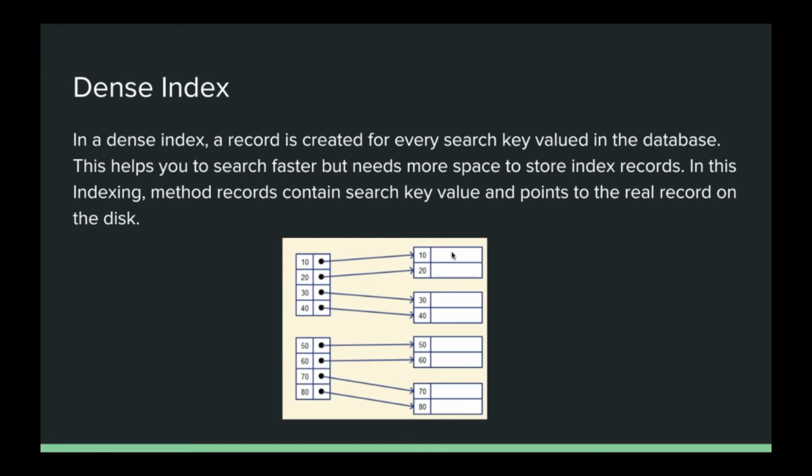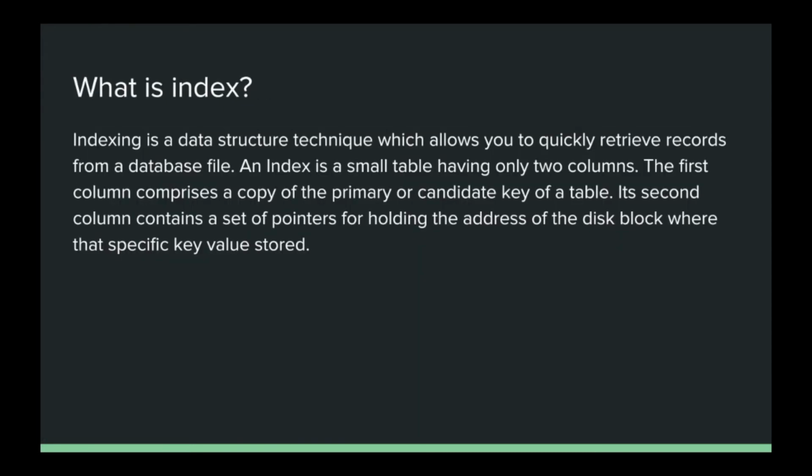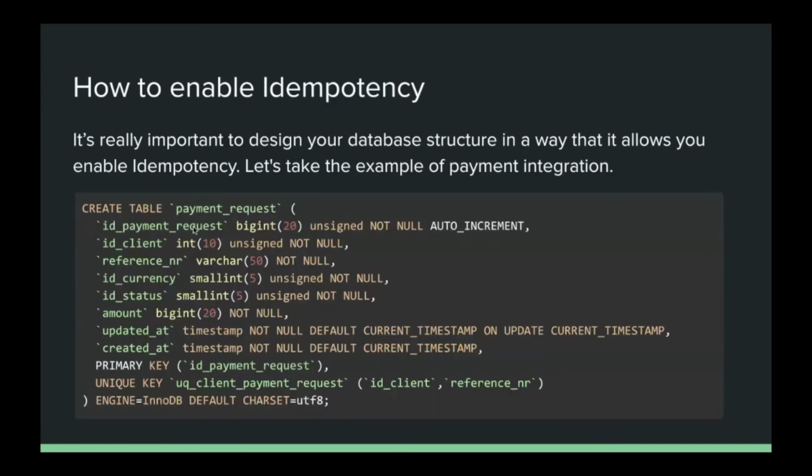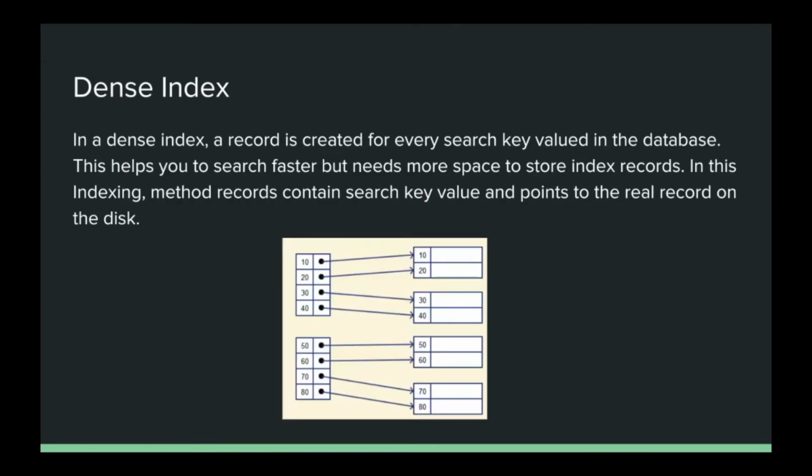If I go back to this table, the ID payment request will be stored in the first column, and all this information, like ID client, ID reference, will be stored at one of the addresses in memory. This pointer is pointing to that memory which contains this information.